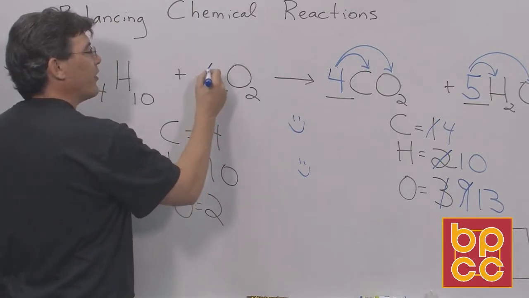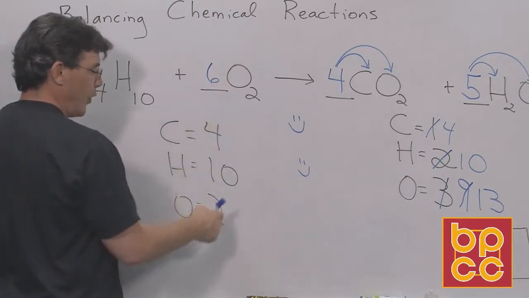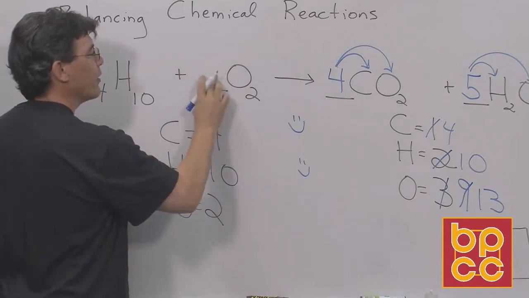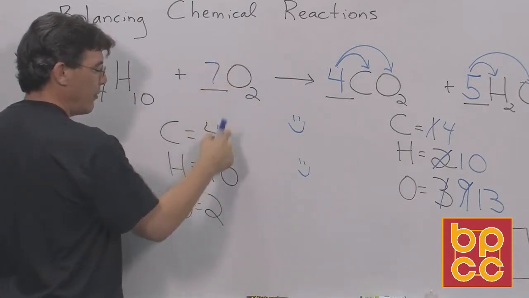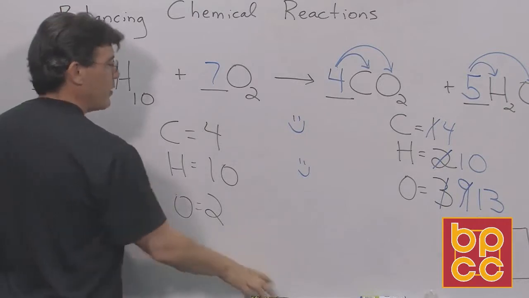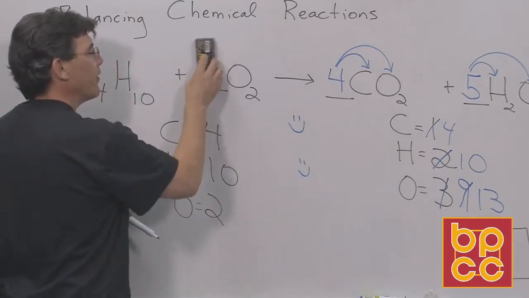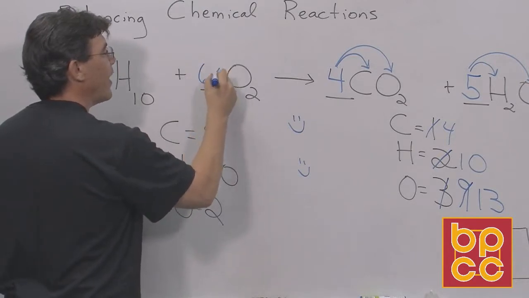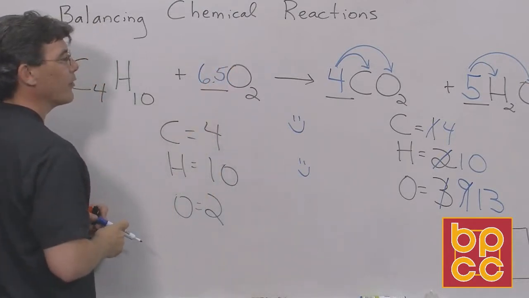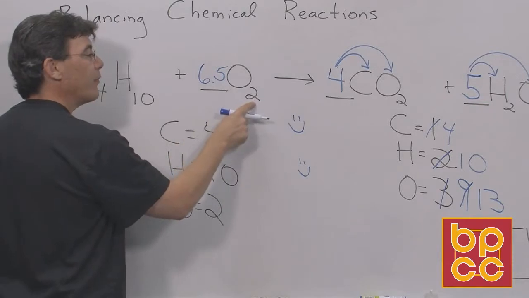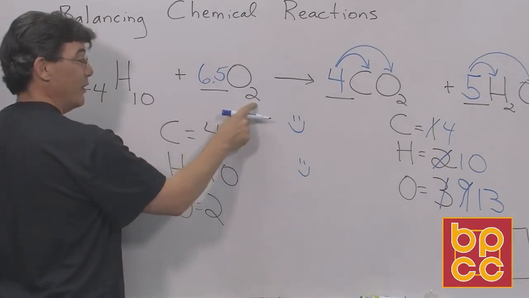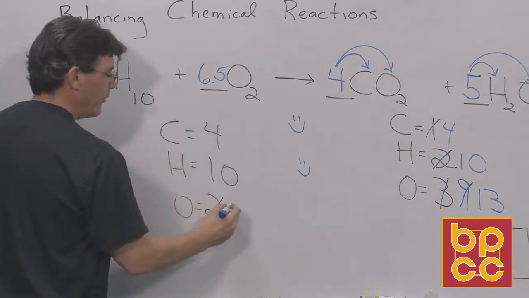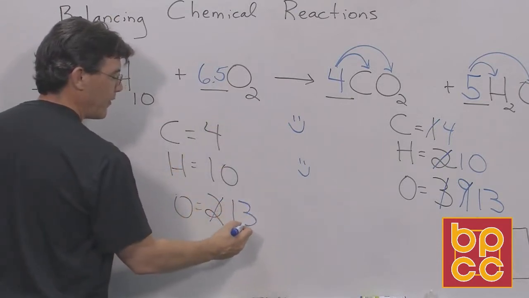If we put a 6 here, that would make 12. Close, but not good enough. If we put a 7 here, that would make 14, and we've overshot the 13. But what's right between 6 and 7 is, of course, 6.5. 6.5 times 2, and again, this is useful because this is not going to upset the carbon and the hydrogen. 6.5 times 2 actually gives us that 13.